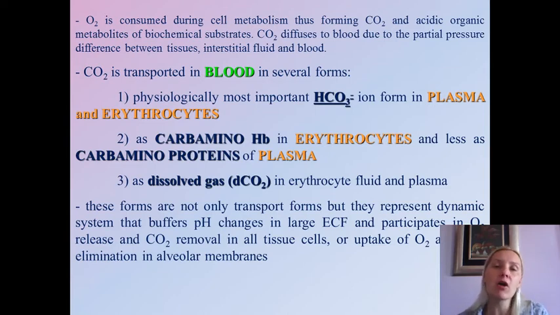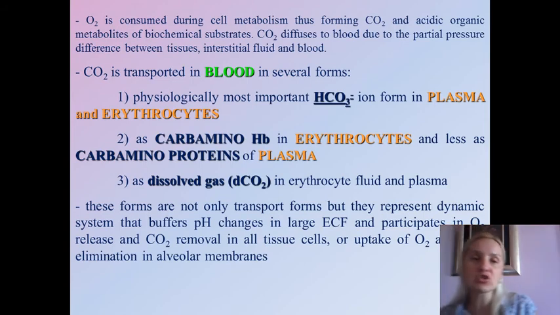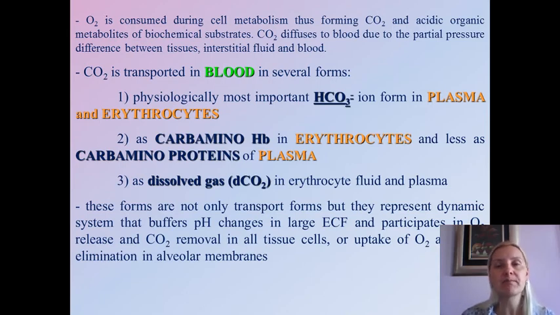So how carbon dioxide, once formed in tissue cells, how can we transport carbon dioxide from tissues to lungs? So it can be transported in blood in several forms. So the physiologically most important form is carbon dioxide dissolved in water in the form of bicarbonate ion in blood plasma and in blood erythrocytes.